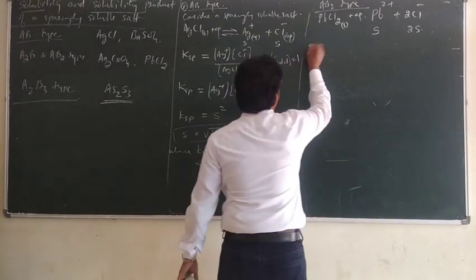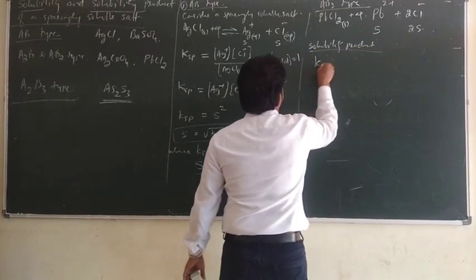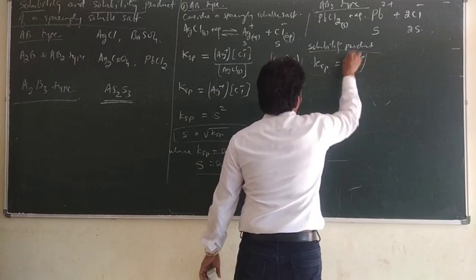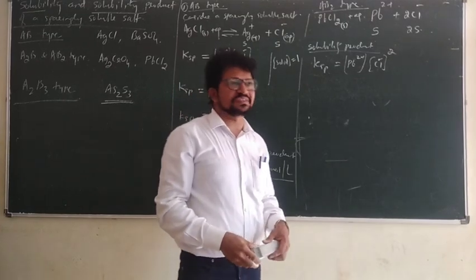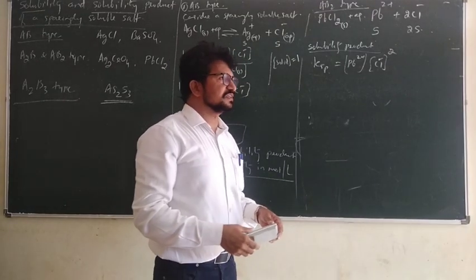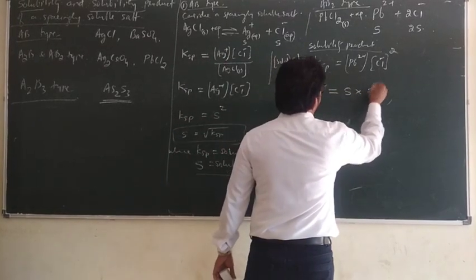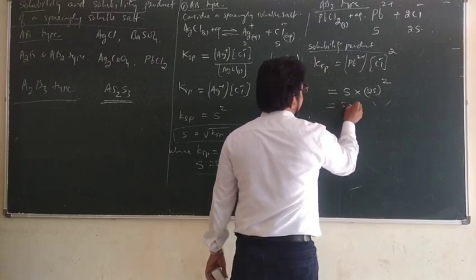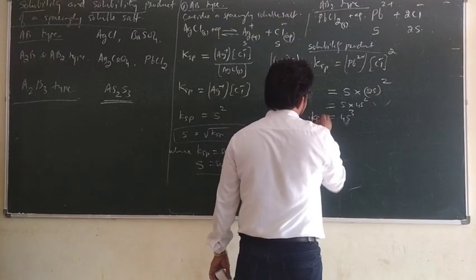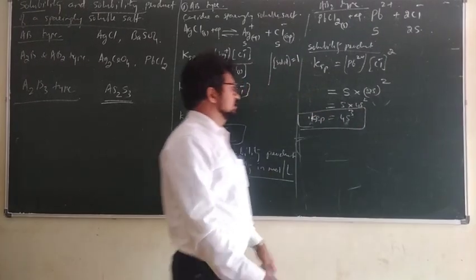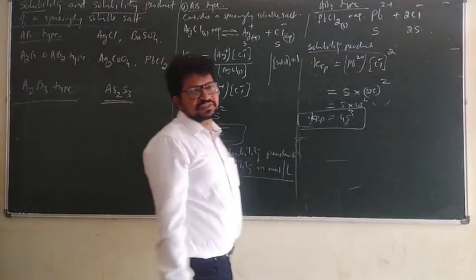Now you tell me the solubility product. Ksp equals lead ion concentration times chloride ion concentration to the power 2. Number of moles are always raised as powers. So lead ion concentration is S, chloride is 2S squared, it becomes S into 4S square, 4S cube is Ksp. So if solubility product is given, solubility can be calculated and vice versa.